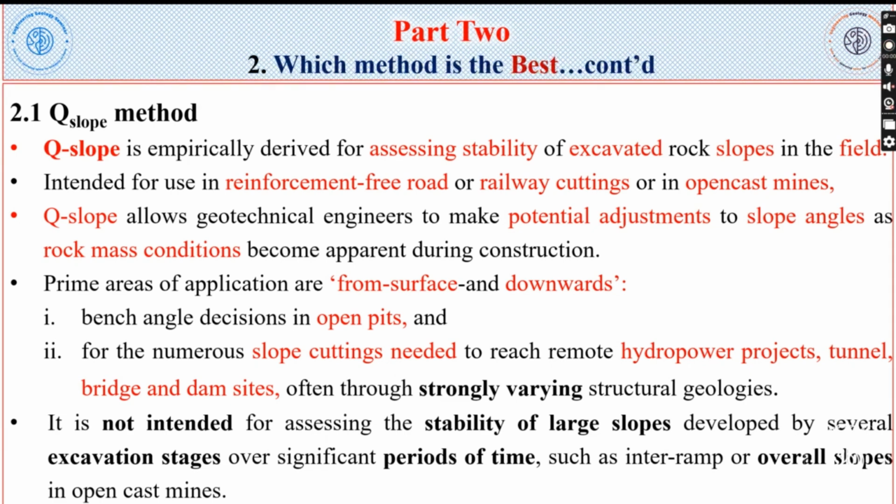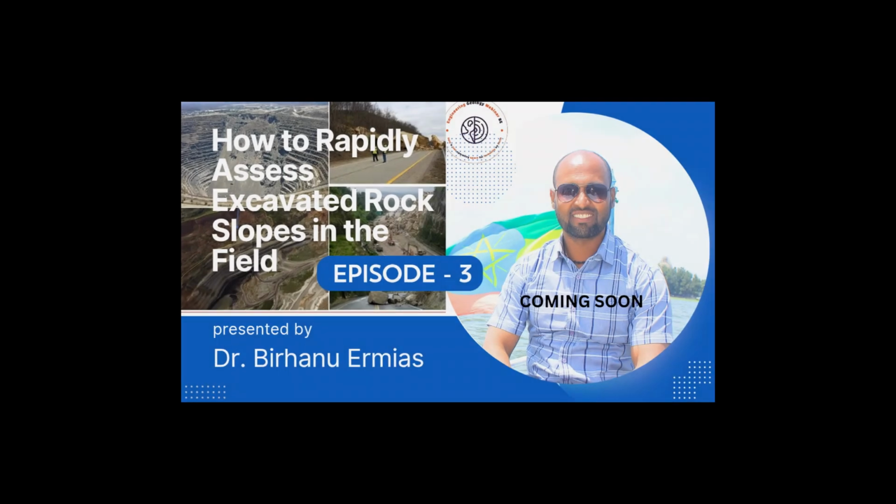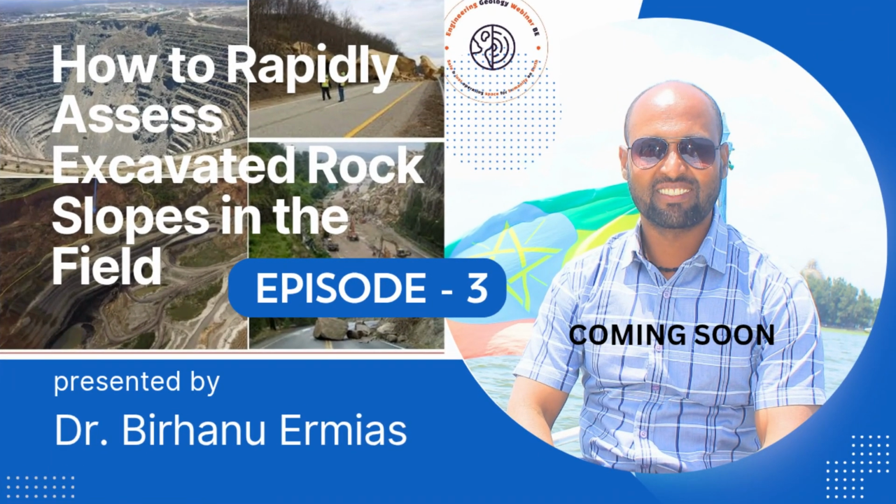Because the Q-slope method is intended for bench angle decisions in open pits and for numerous slope cuttings, it is intended to handle local failures, not large slope failures. I will give you more information about large slopes, the problems related with large slopes, and other interesting information in episode 3.